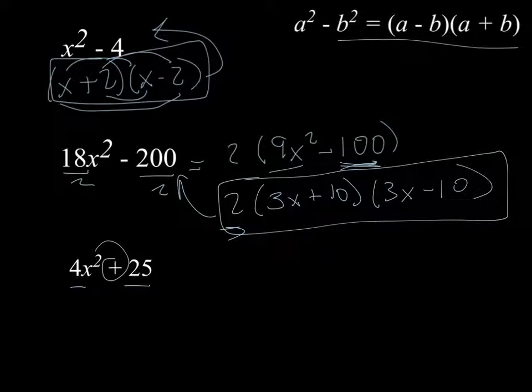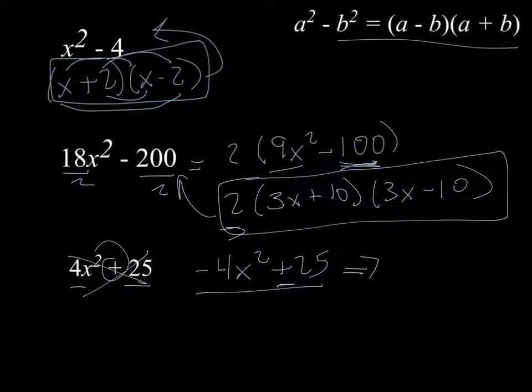Now, if I were to change that to negative 4x squared, let's say it's not this, but we were given this originally. This could be factored. It may look like it can't because you're seeing the plus here in the middle. But remember, addition is commutative. So this could be rewritten as 25 minus 4x squared.